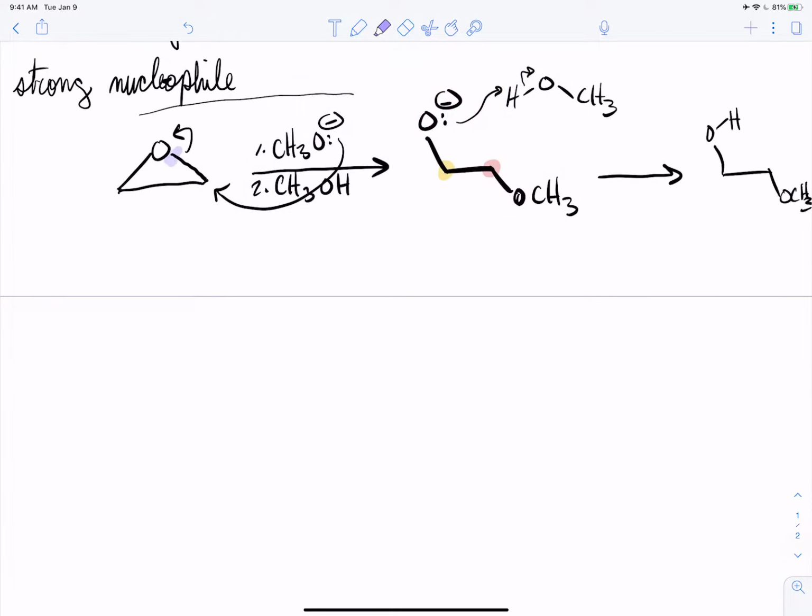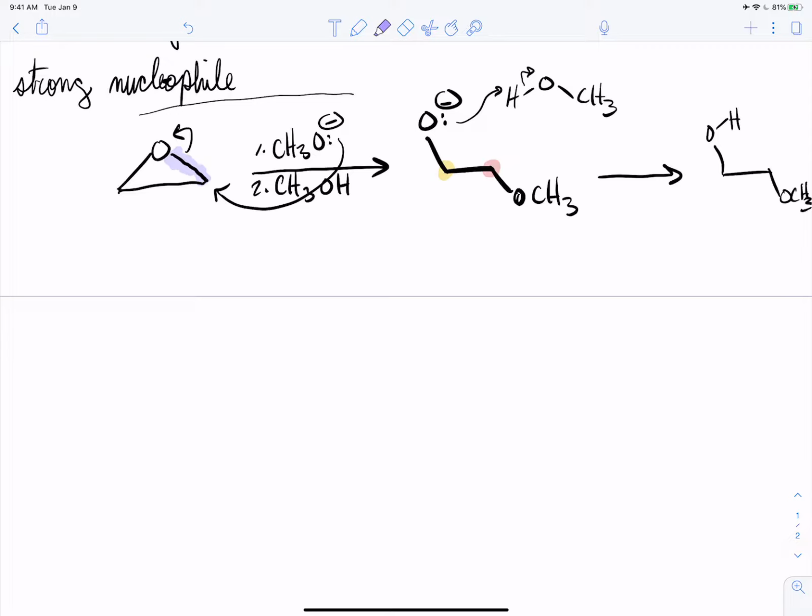When I break this bond inside the ring of the epoxide, you've got all these non-ideal bond angles. Everything's closer to 60, and you want it to be closer to 109. So it's unhappy. Once it opens up, I get some relief and lowering of the energy of the molecule, and that compensates for the fact that I'm creating a high-energy leaving group. So this is an instance in which an alkoxide, something equivalent to a hydroxide, does leave.